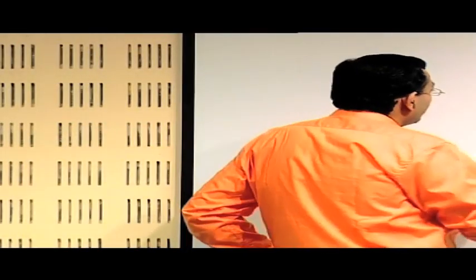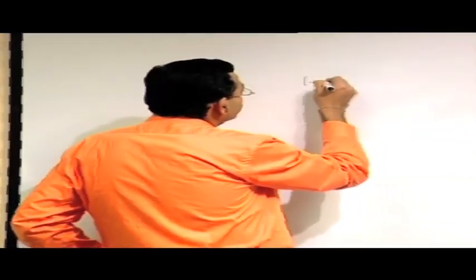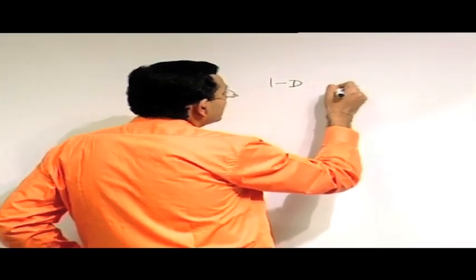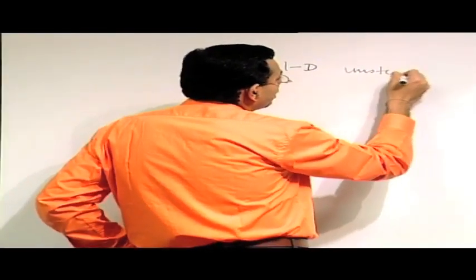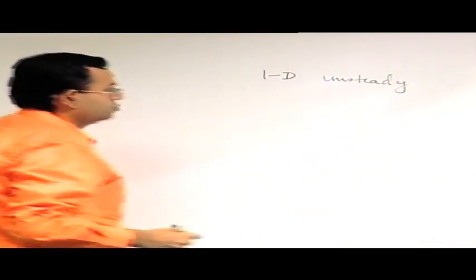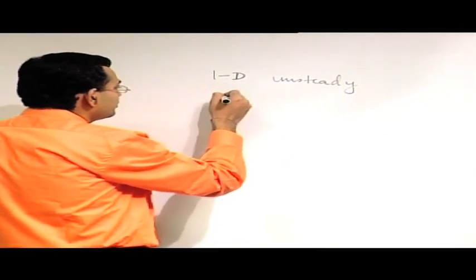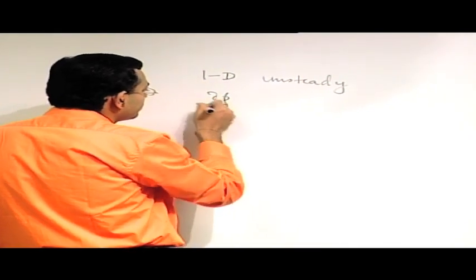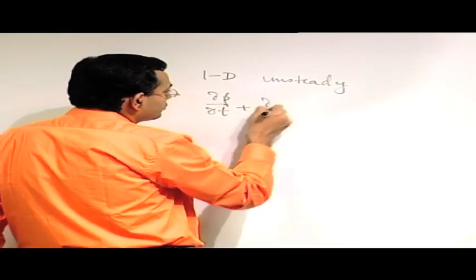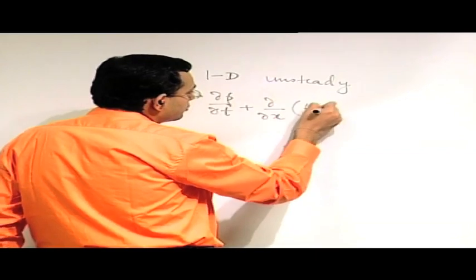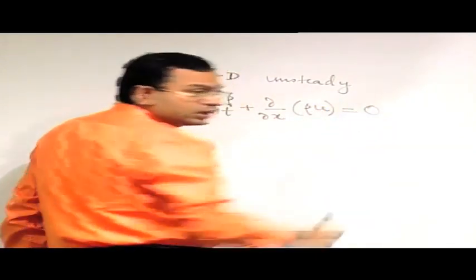To do that, let us consider that we have a one dimensional unsteady flow, so that if you write the continuity equation, you are having these particular terms.